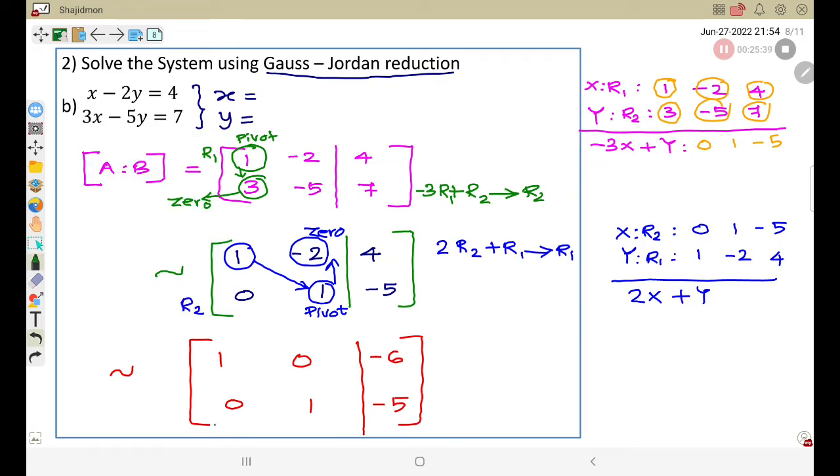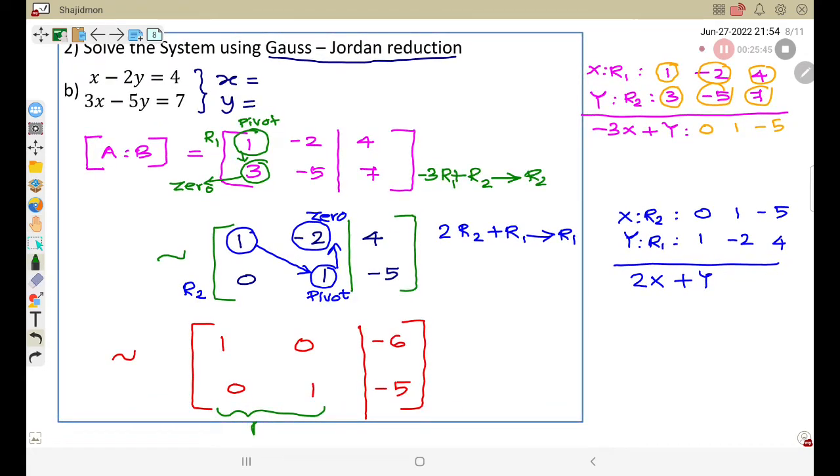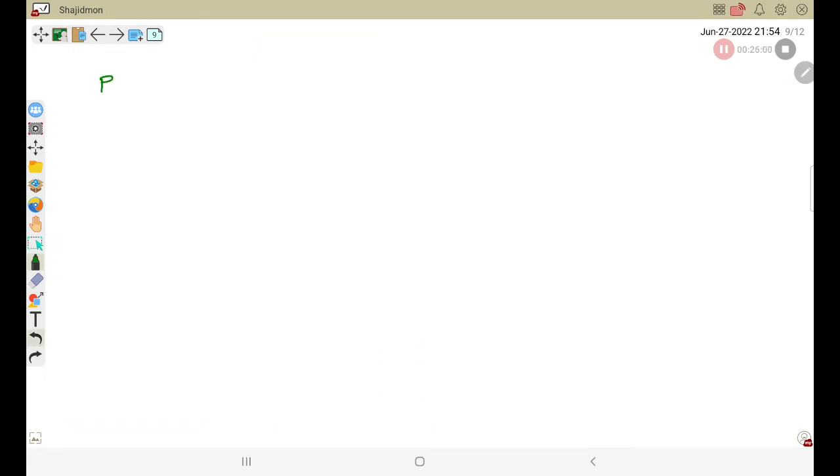Now you can see this matrix is in reduced form, correct? This matrix is in reduced form because the first number is 1, the number below is 0, the next diagonal number is 1, the number above is 0. Now change it into equations. The first row you can change into an equation, and the second row into an equation.